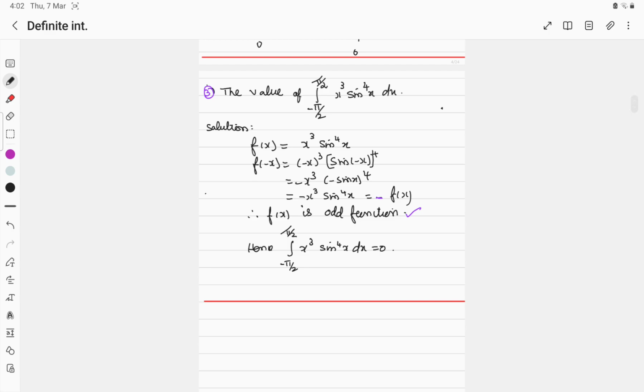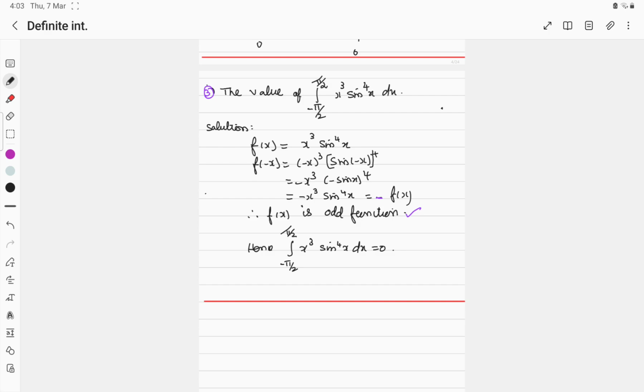Question number 3. The value of minus pi by 2 to pi by 2 x cube sin power 4x dx. Here f of x is equal to x cube sin power 4x.